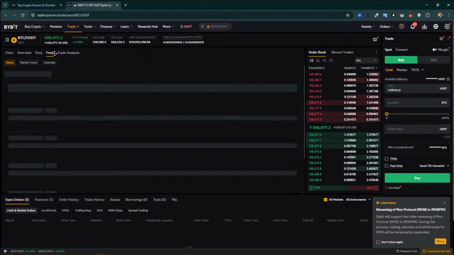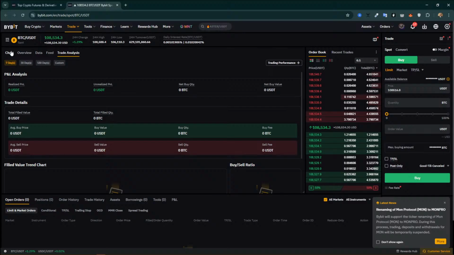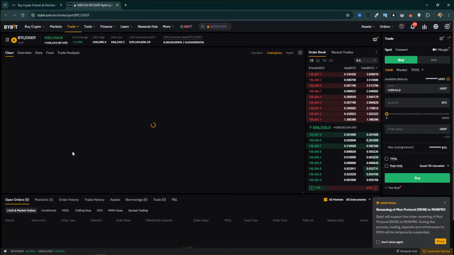The feed, because news is also important for you to be able to place your trade analysis. I think this is once you have placed your order. That's that part right there. Next, let's look down here.